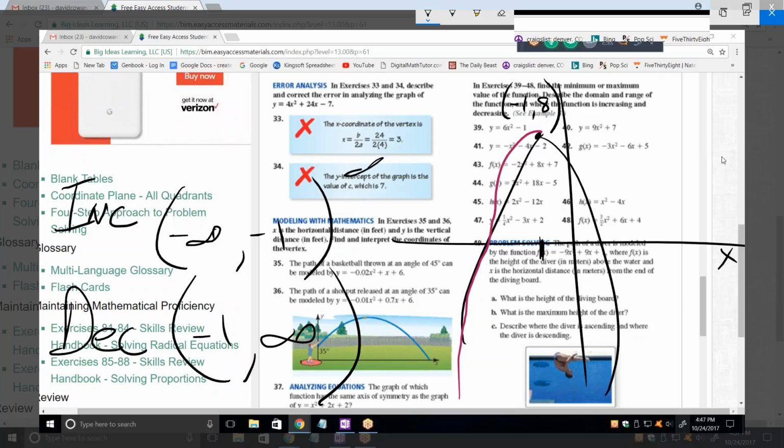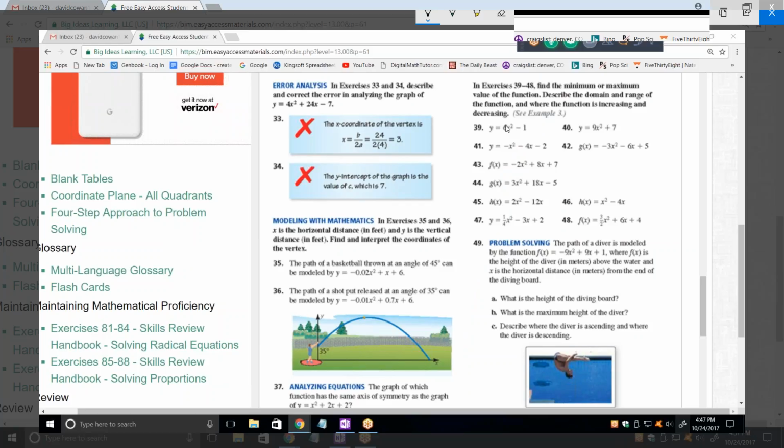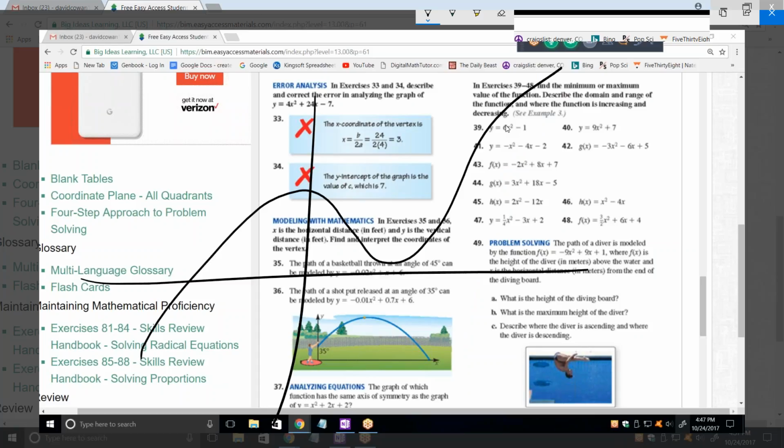Now, the reason increasing and decreasing are important is because it's the beginning of calculus. When you get into calculus, increasing and decreasing are extremely important concepts. So they're giving you an intro into it now. In other words, if I had a function that was like this, well, it's increasing from this point to that point, right?